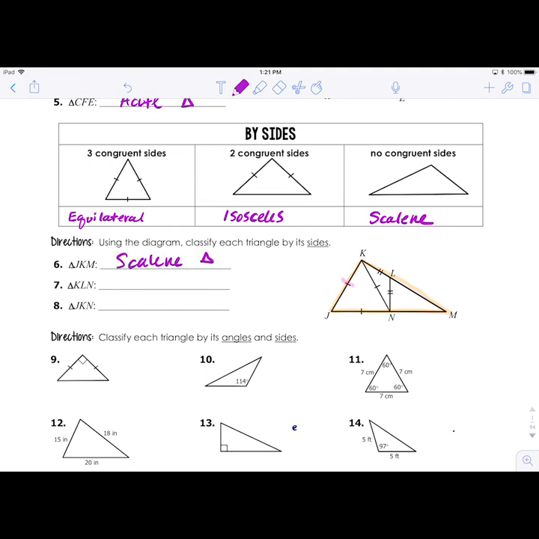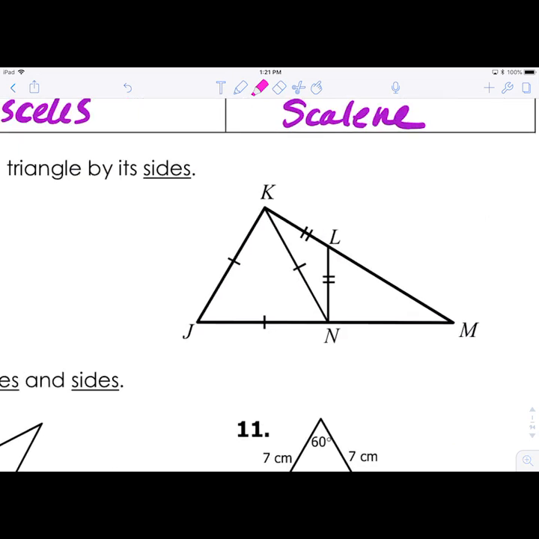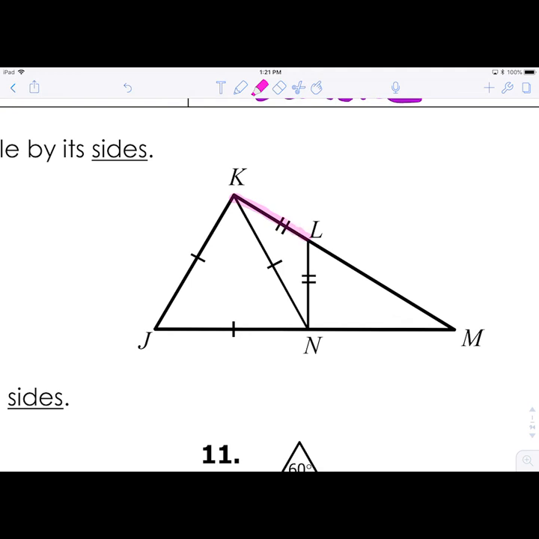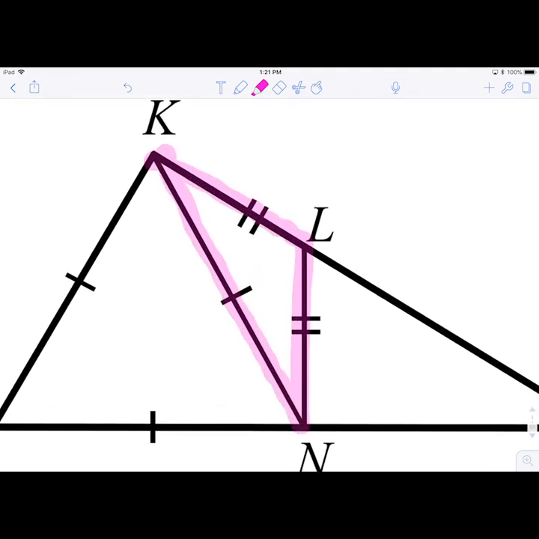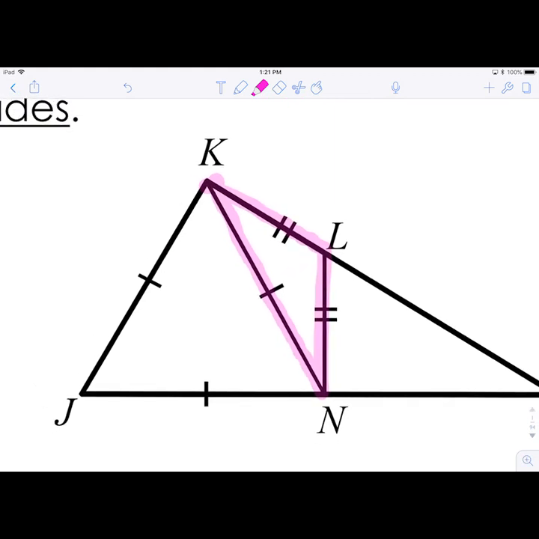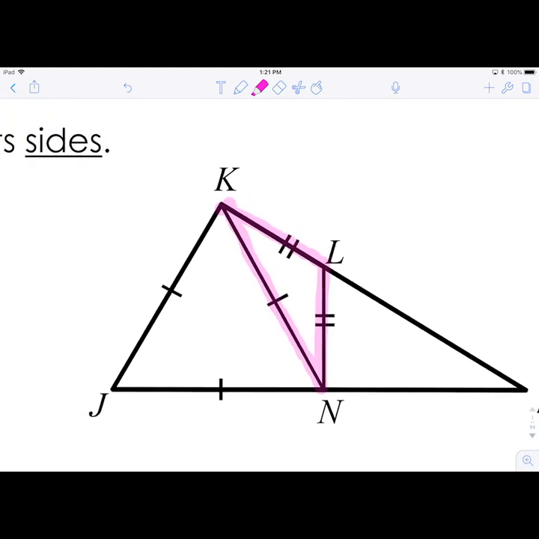Okay. What about triangle KLN though? If you notice, side KL and side LN have the same amount of tick marks on them. So that tells us that these two sides of the triangle are congruent. And look, KN does have that one tick mark, but that's not saying it's congruent to the other two sides.